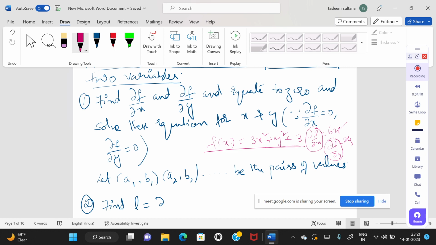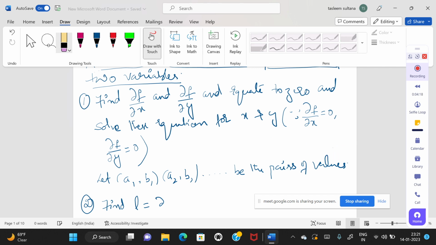Listen. First, you're going to differentiate your given equation with respect to x, and you get dou f by dou x equal to some expression. Then the same equation you differentiate partially with respect to y, and you get dou f by dou y equal to some expression.